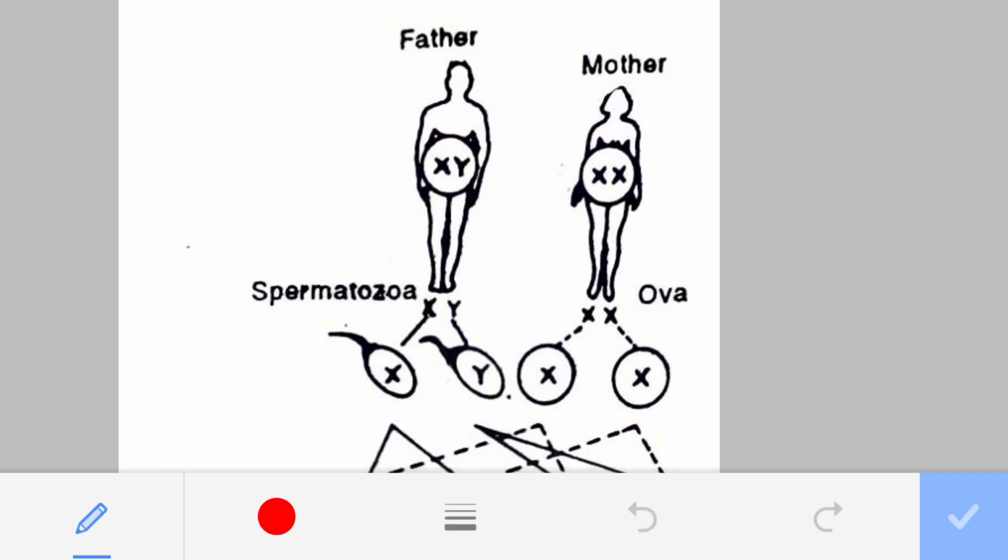The female, the mother, is having 22 pairs of autosomes, and the last pair is XX in all her body cells except the egg.